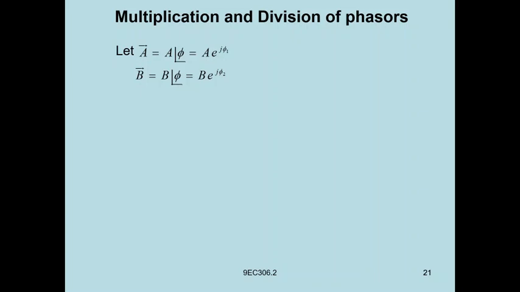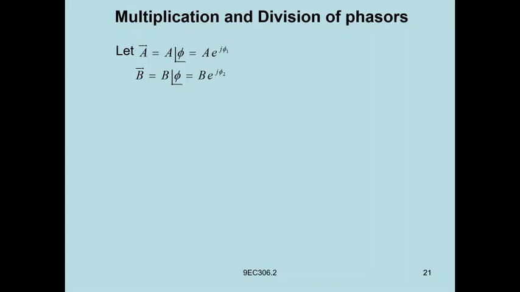It is the exponential form. A at an angle of phi 1 is the polar form of phasor A, and A e to the power of j phi 1 is the exponential form of phasor A. Similarly, B at an angle of phi 2 is the polar form of phasor B, and B e to the power of j phi 2 is the exponential form of phasor B.